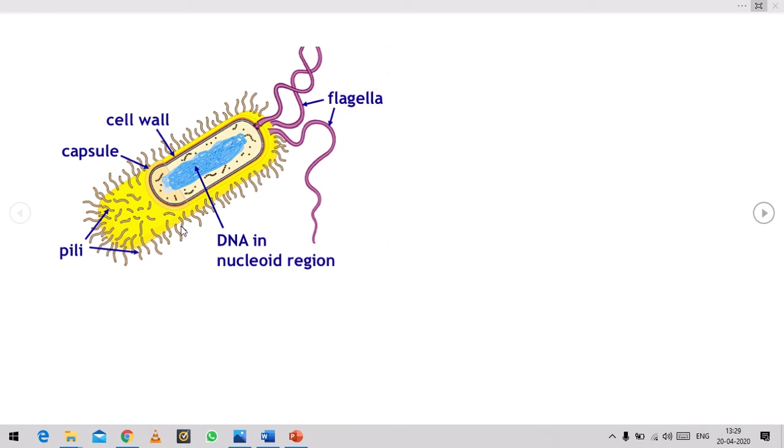Fimbriae are shorter and stiffer than flagella, and slightly smaller in diameter. And pili are composed of the protein pilin. I have already explained all of this in the last lectures, and I will now deal with other important aspects of the flagella.